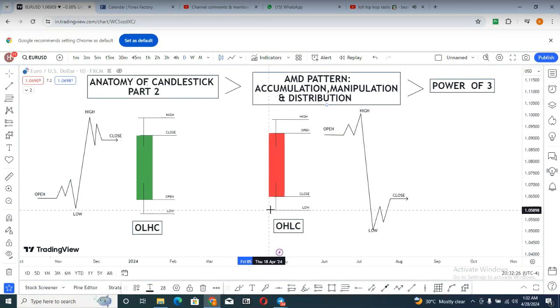Now the same thing goes for a bearish scenario and a bearish trend. If you check the system of a bullish scenario, it is created by creating the open, creating the low, creating a high first, and then creating the close. But it's different from the bearish scenario.